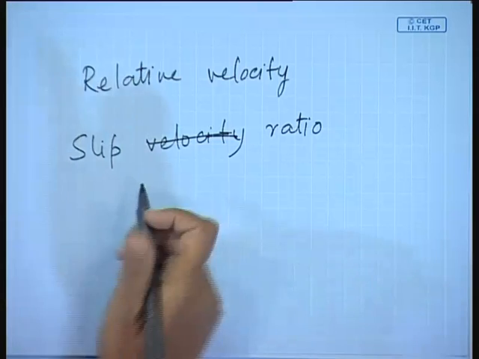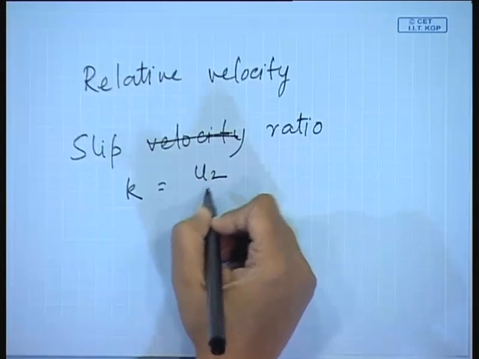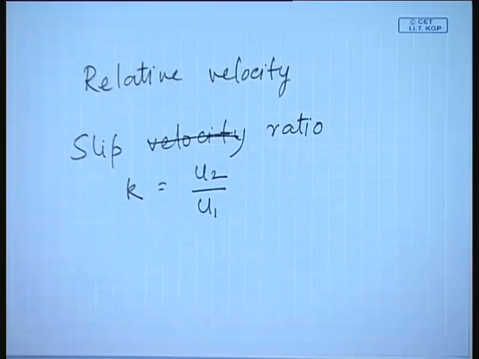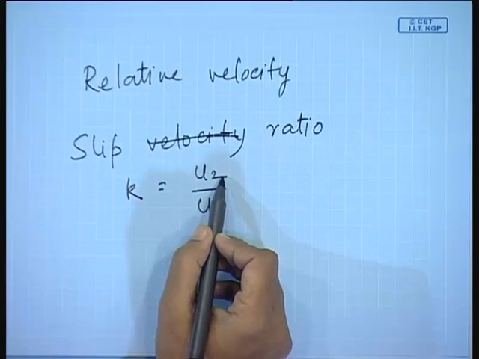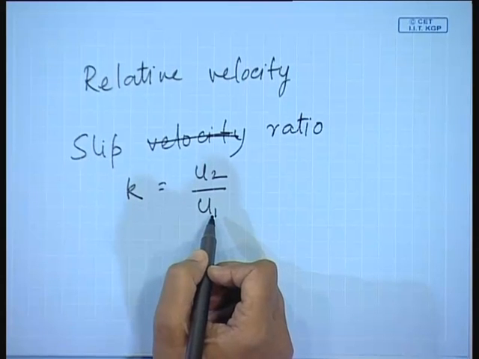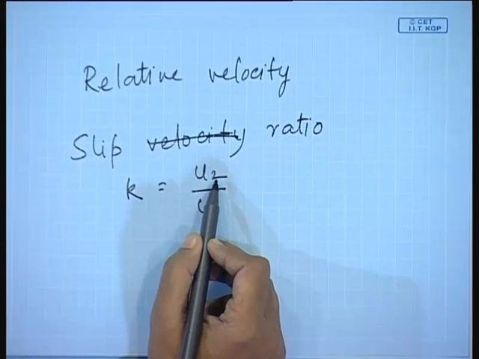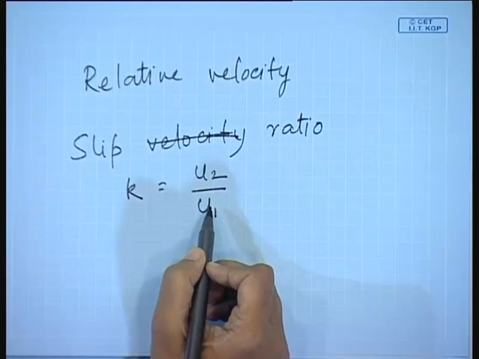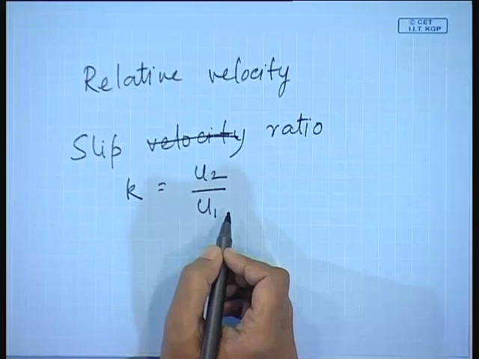Slip ratio is usually denoted as K. This is the ratio of the in situ velocity of phase 2 divided by the in situ velocity of phase 1. Usually we know that phase 2 is the lighter phase, phase 1 is the heavier phase. So, K is always greater than 1.